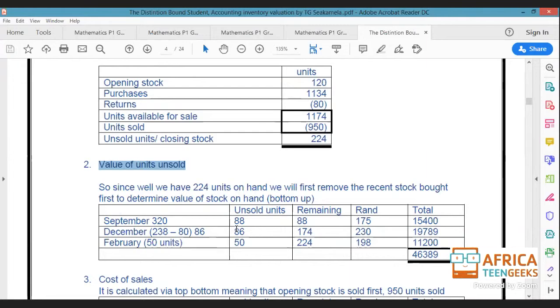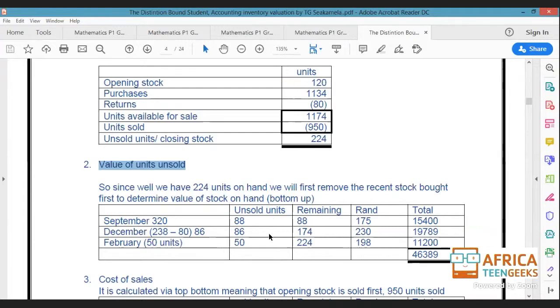In December, you had 86 unsold after subtracting the returns. In February, there were 50. This was 88. The remaining, the second column now is the remaining, right?